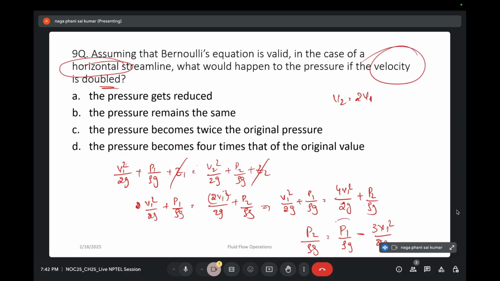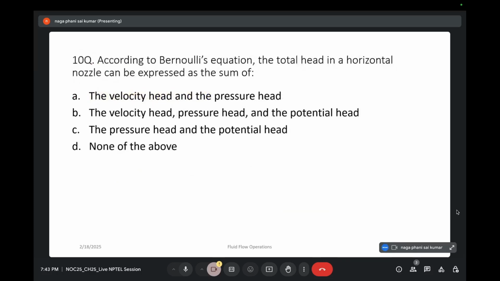P1 is a fixed quantity, and you are subtracting a certain value from P1 by rho g. That means P2 will be less than P1, right? So pressure gets reduced. Option A.